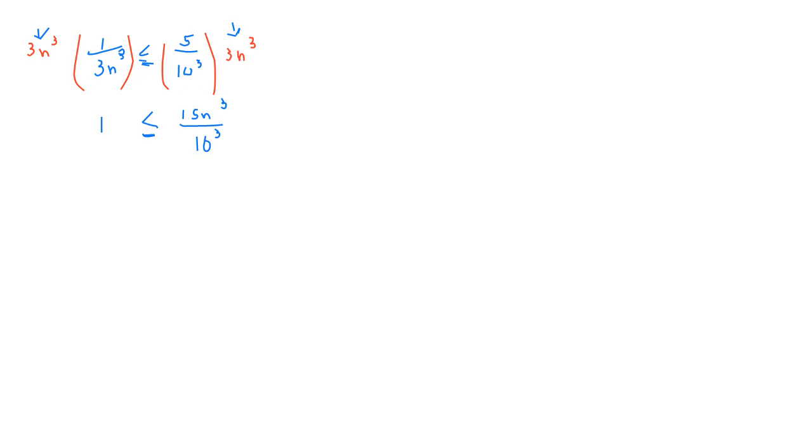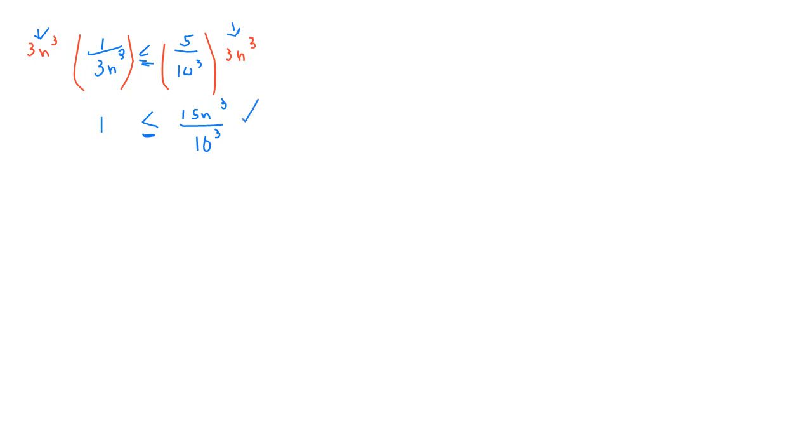We're multiplying both sides by 3n cubed. It doesn't change the sign of the inequality. Why is that, Samuel? Because there is no negative in the equation. That's exactly right, and Nathan agrees. And n is a positive integer. So this, in fact, is true.